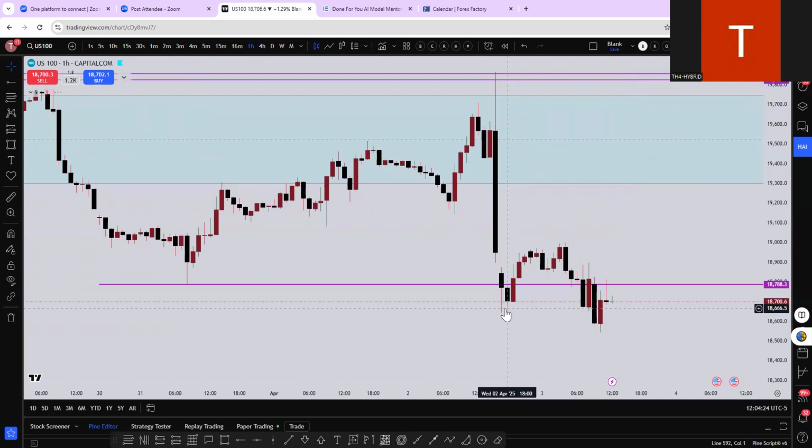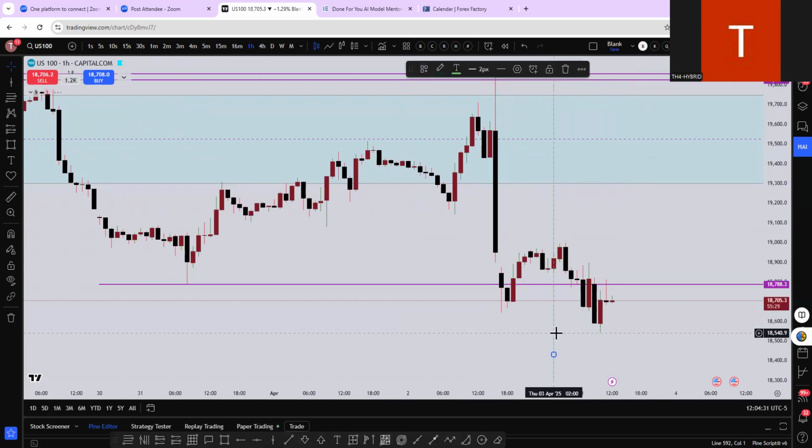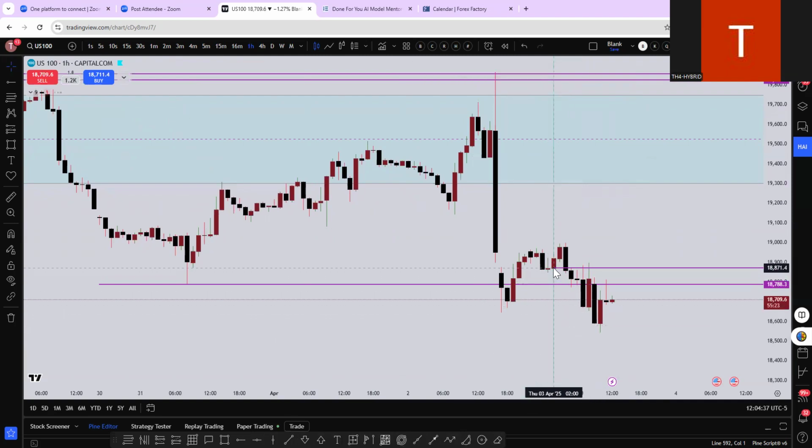So now on the 1 hour chart here, before we start this day at 2 a.m., I want to mark the low, see where we're coming from. Again, we closed down really low.